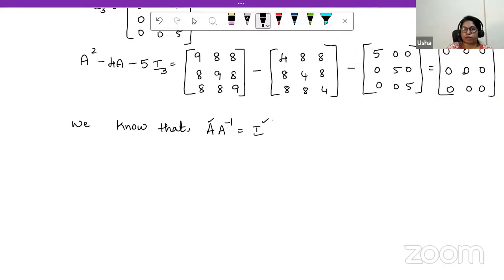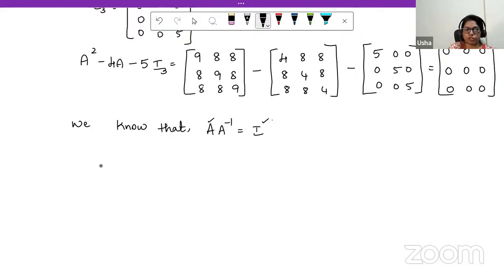Only the diagonal elements are going to be 1, all other elements will be 0. So now we know this equation. With this equation, we can find out A inverse. Multiplying by the identity matrix or dividing by it, you can get A inverse. You can follow both the procedures.